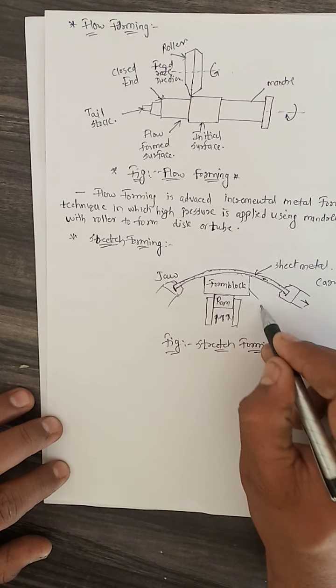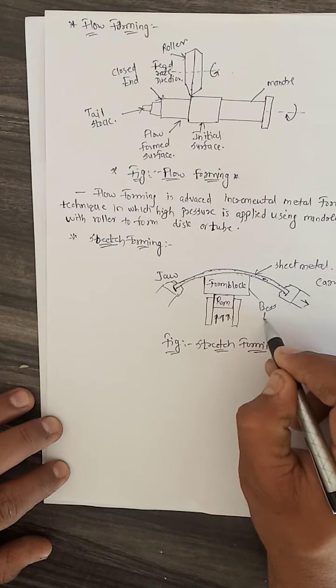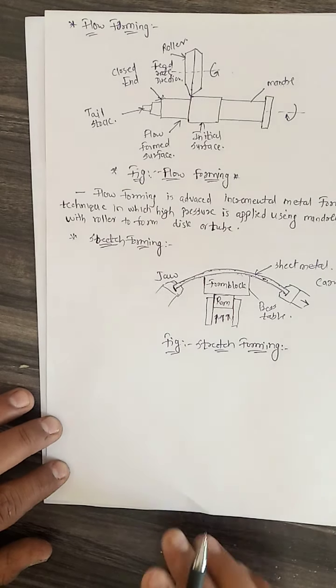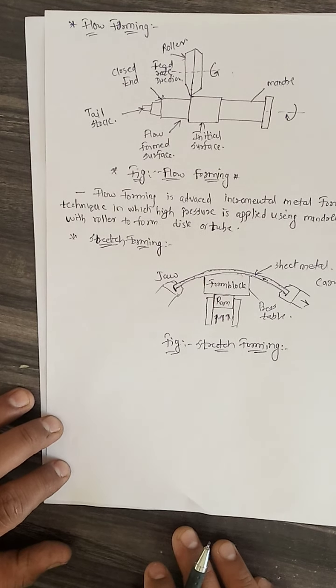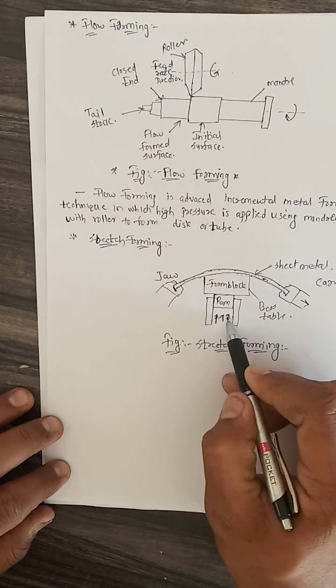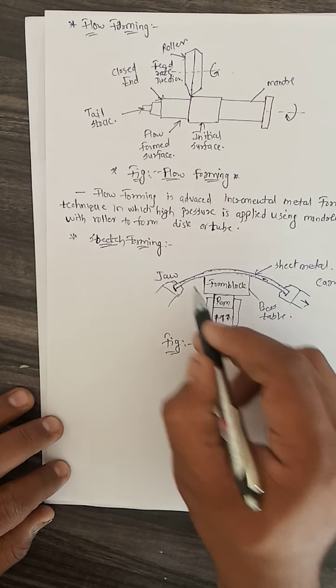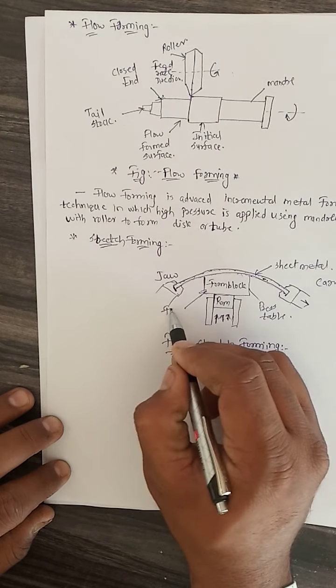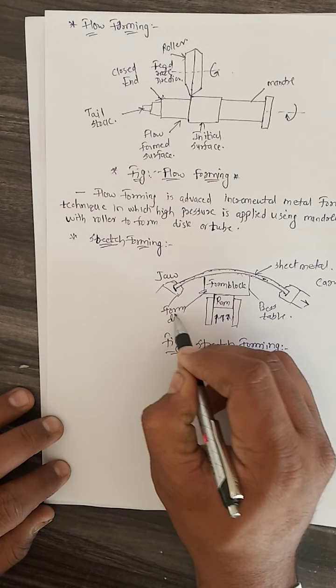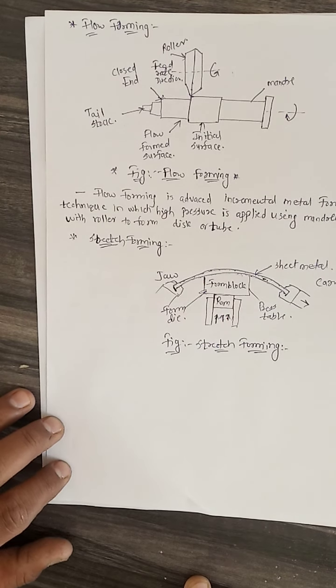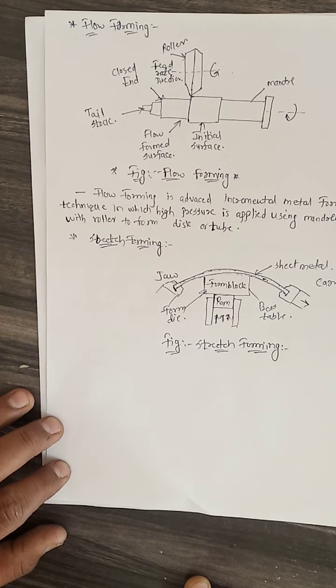Then here is also a press table to press the job. It is the ram and foam die. Here is also the foam die or foam block.